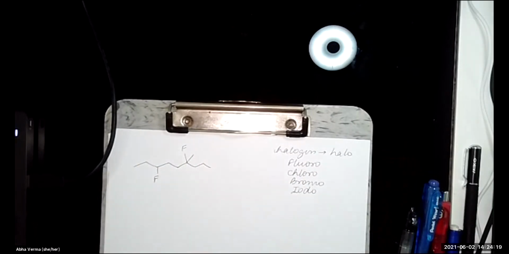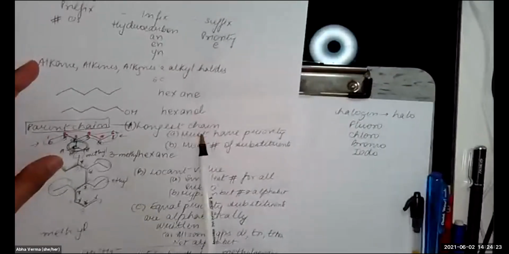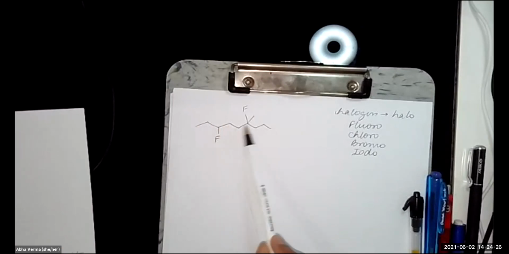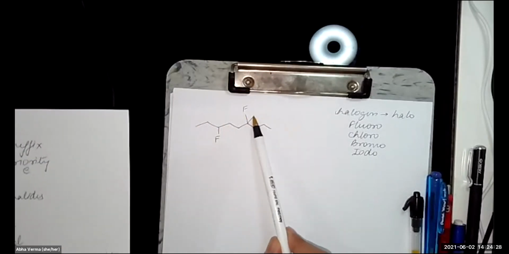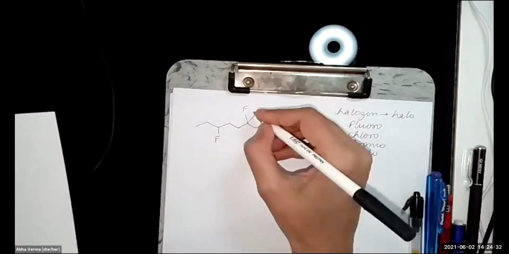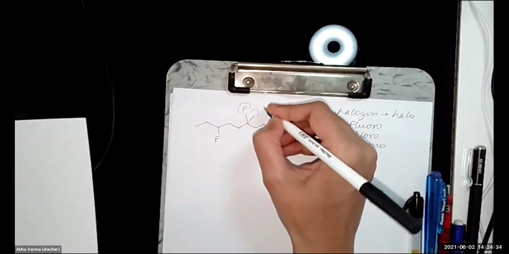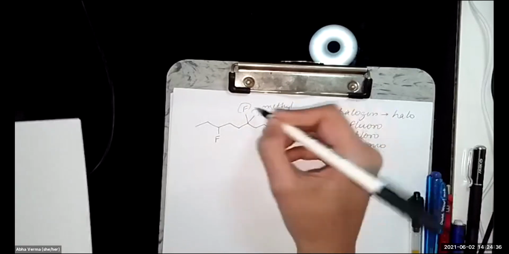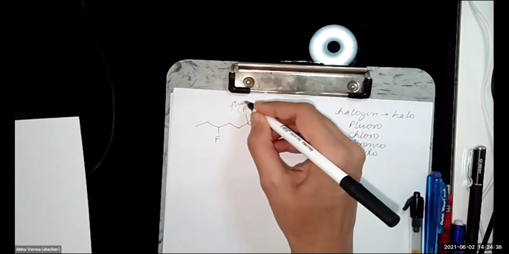So I'm going to follow my rule. First, I will figure out my longest chain. Where is my longest chain? Definitely here. This methyl group will not be part of my longest chain. It will be part of my substituent. So I have methyl and I have a fluoro.